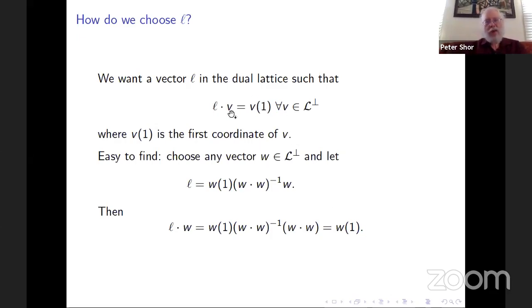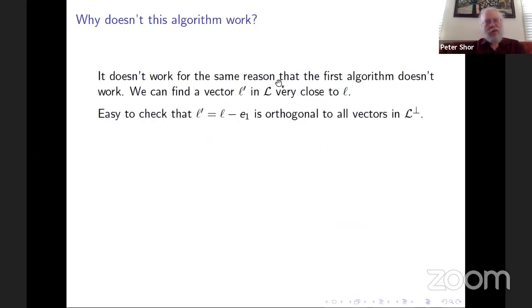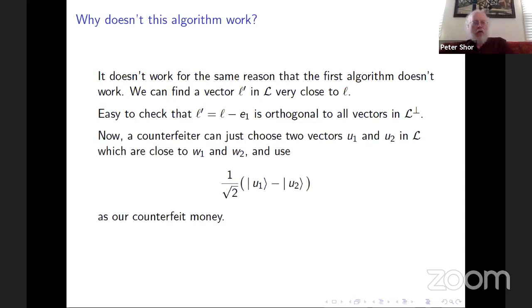So this equation means that this lattice vector, which is very close to our lattice vector L, is orthogonal to all vectors in the dual lattice. And now a counterfeiter can just choose two vectors U1 and U2, which are close to W1 and W2, and use 1 over root 2 times U1 minus U2 as the counterfeit money.